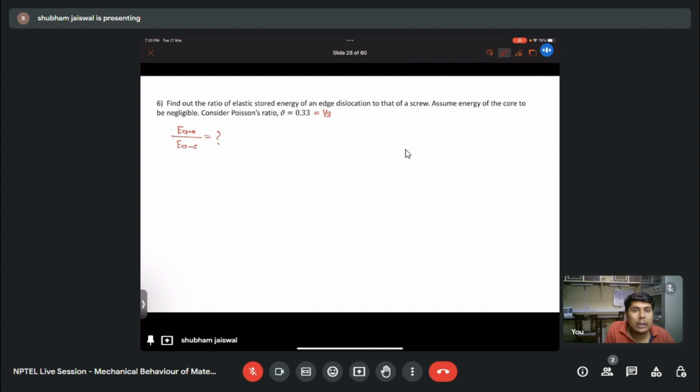Now please try to answer it, guys, as we have covered the energy of a dislocation for both the screw and edge. So use that equation and try to find out the ratio. So they are just asking us to find out the stored energy of an edge dislocation. You just consider the elastic energy, no need of considering the core energy.